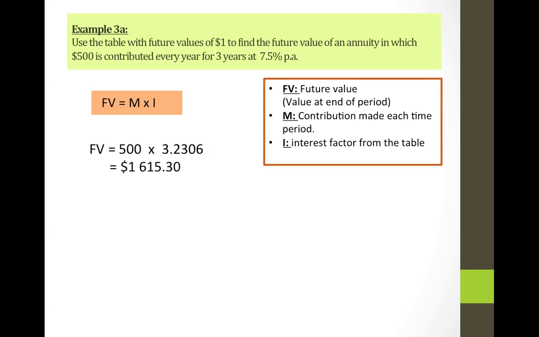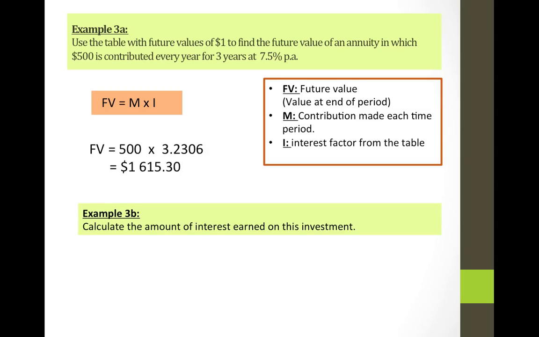So if we look at this example, the amount contributed every time period is $500, and the interest factor for 3 years and 7.5% is 3.2306. This interest factor comes from the table that will be given to you. Multiply that and it gives you a value of $1,615.30.